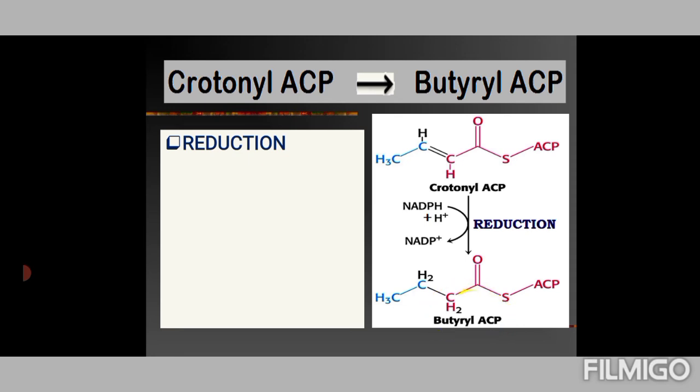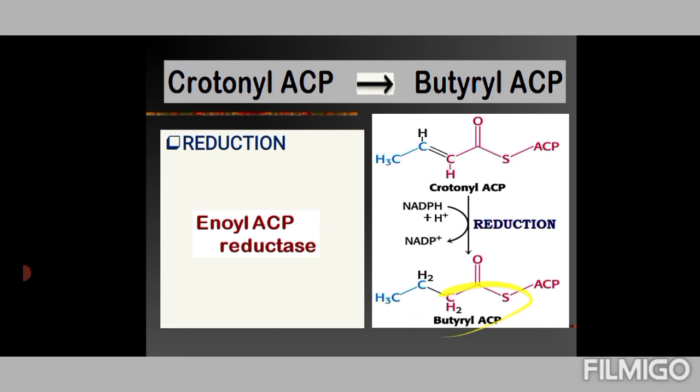Here a 4 carbon compound is formed, and this is at the expense of NADPH and in the presence of the enzyme enoyl ACP reductase. And this reduction is important here. The removal of this unsaturated bond, that is the double bond, is important because the final product formed is a saturated palmitic acid.